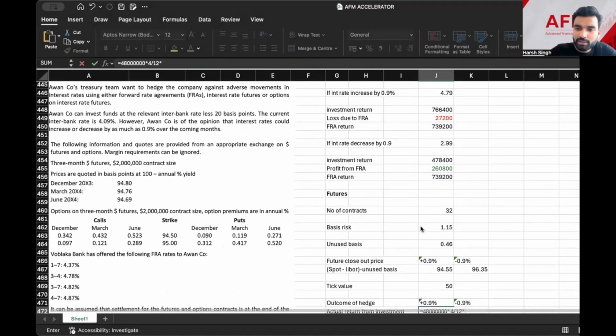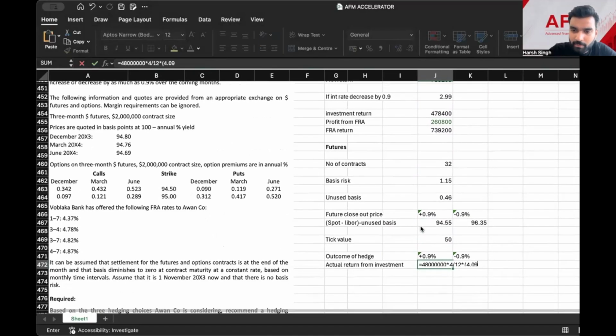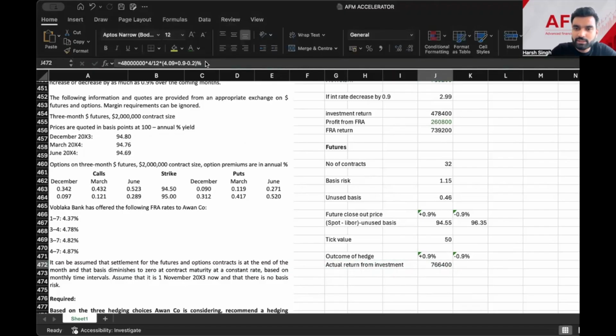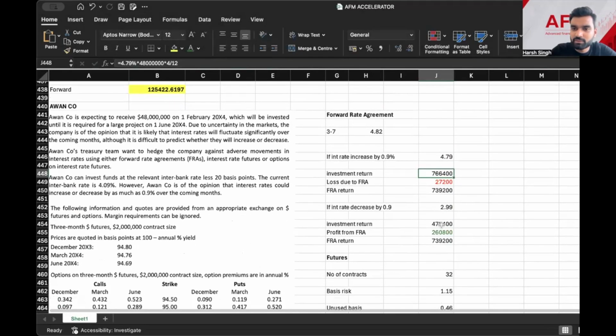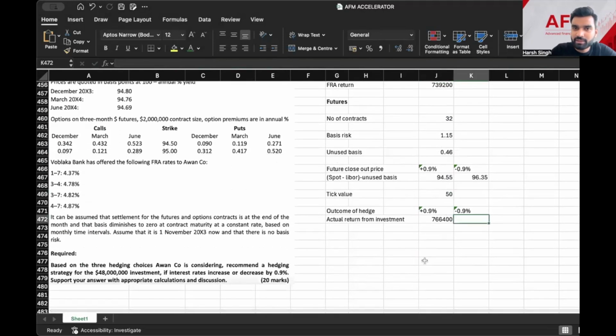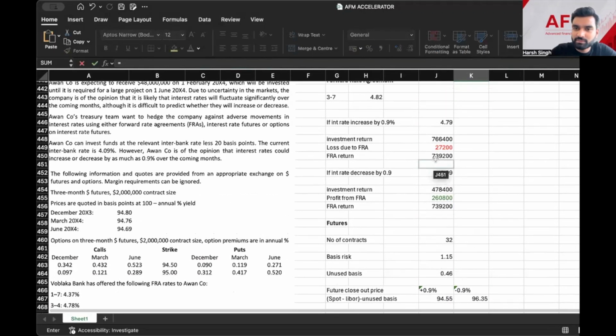So I'll just multiply it by, in the bracket, I'll put it down 4.09 plus 0.9 minus 0.2. That will be my final interest rate, correct? And over here, I'll put down a percentage. 766,400. So we can directly take it from here as well. That will make things easier, I guess. And in case of decrease, what will be my return?